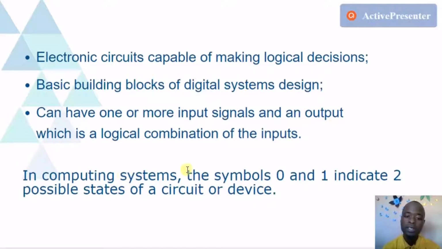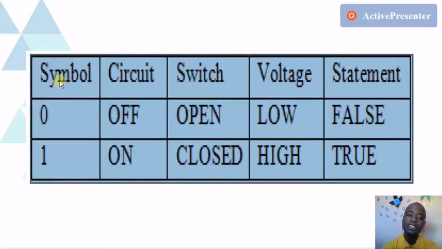In computing systems, the symbols 0 and 1 indicate two possible states of a circuit or device. A logic gate can be represented as a symbol, circuit, switch, voltage, or as a statement.